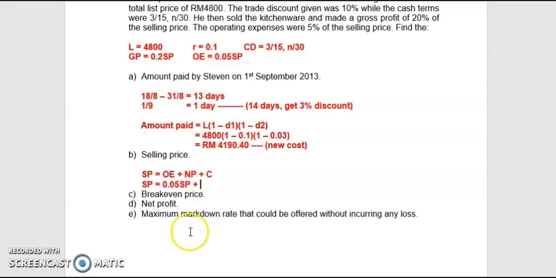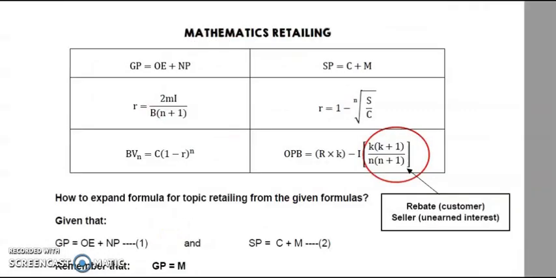So we know that from the GP formula, the first formula given in the final exam, GP equal to OE plus NP. From this formula, we can find the formula for NP. If you derive this formula, NP equivalent to GP minus OE. Positive, you bring to left hand side, becomes negative.